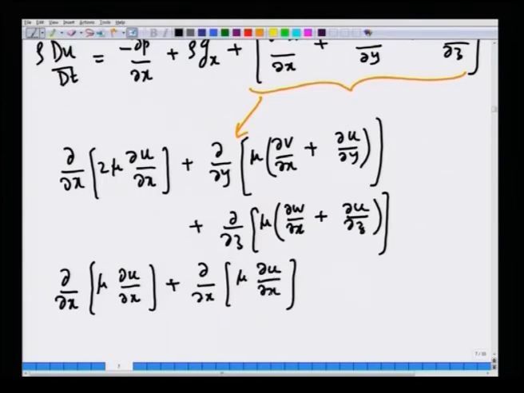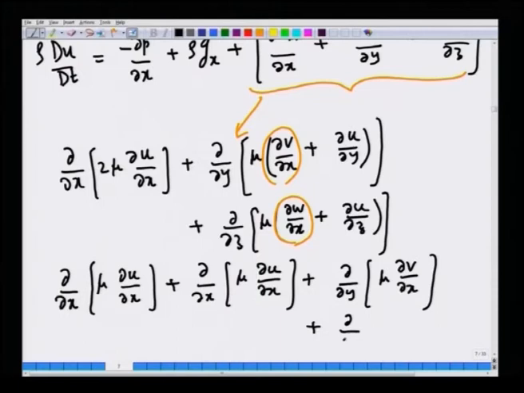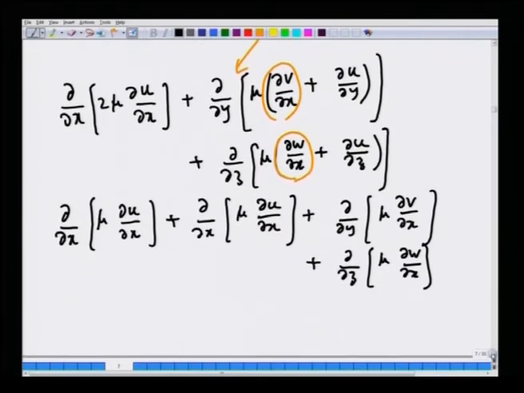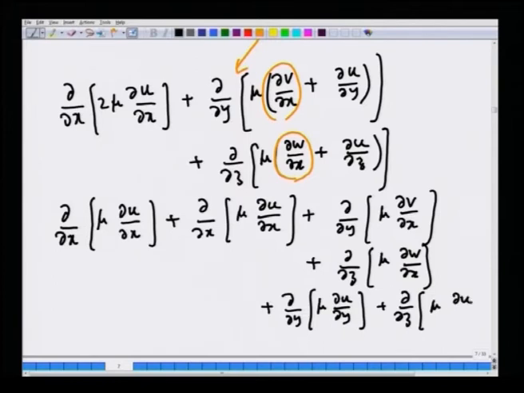Now, in all these equations I am going to write the first term separately, and separate out the other terms: plus partial y of mu partial v partial x plus partial z of mu partial w partial x, but still we have those two terms, plus partial y of mu partial u partial y plus partial z of mu partial u partial z.